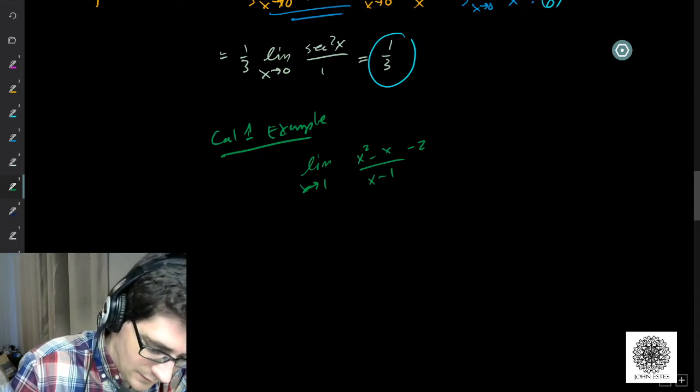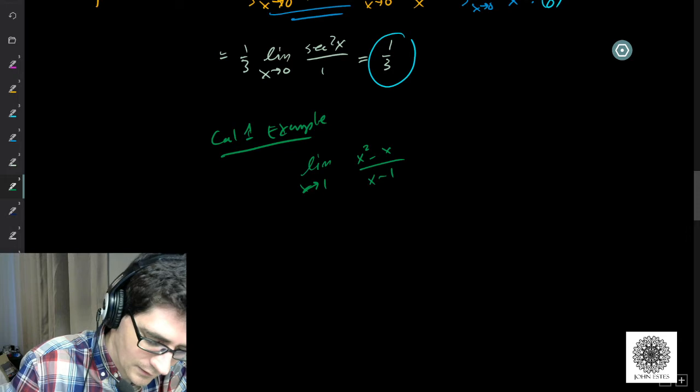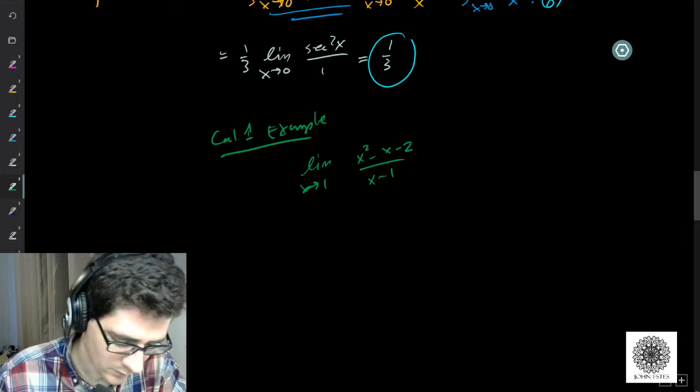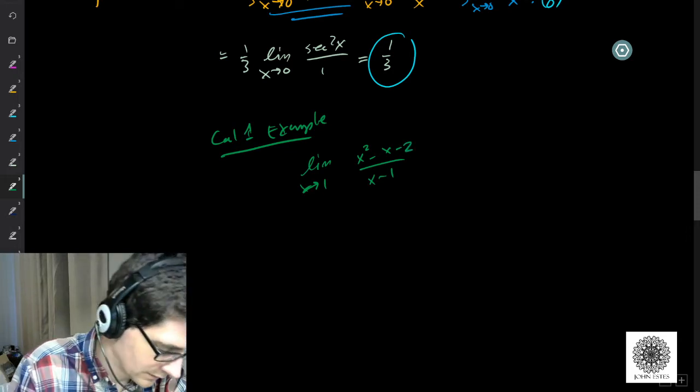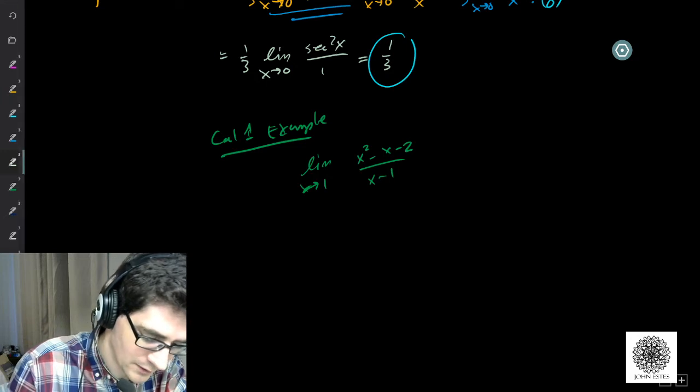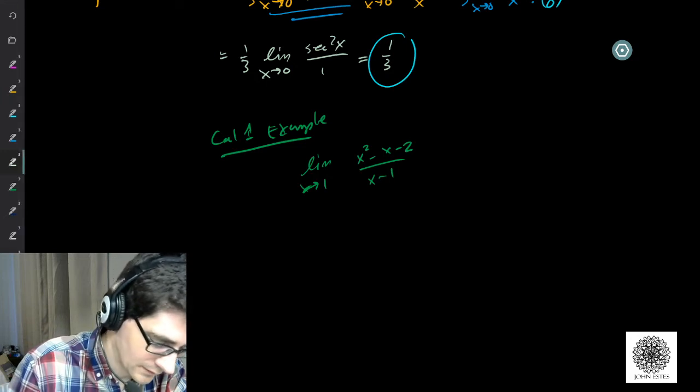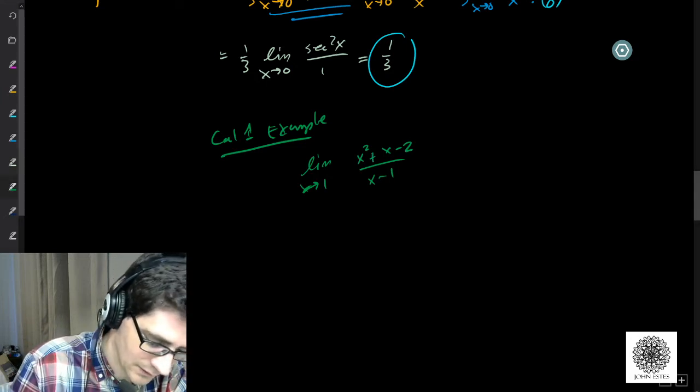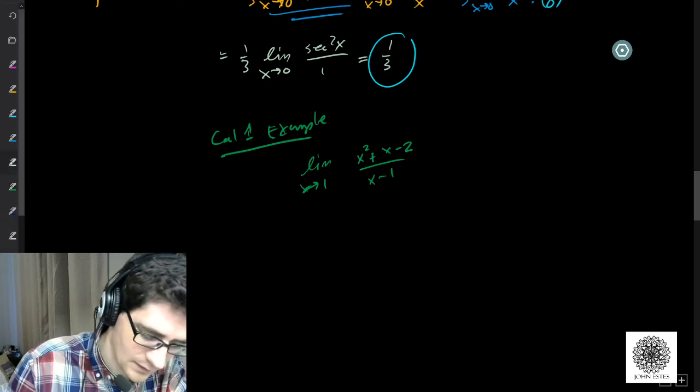So we have this function, and we want to evaluate as x approaches 1. Well, if I plug in 1, I get 0 in the numerator and a 0 in the denominator.